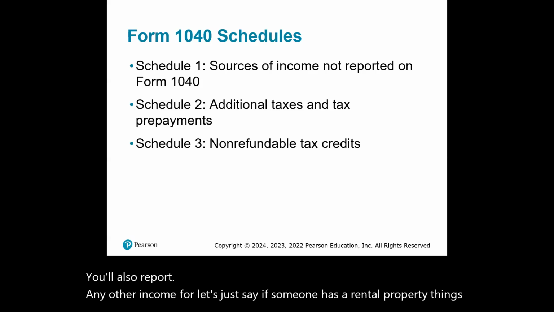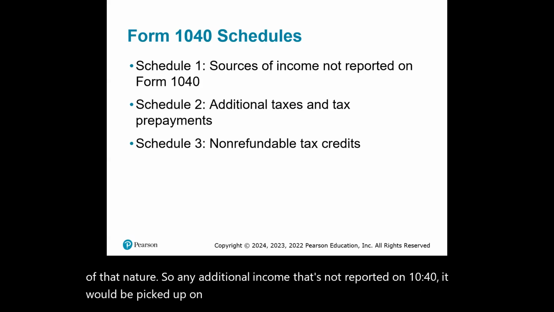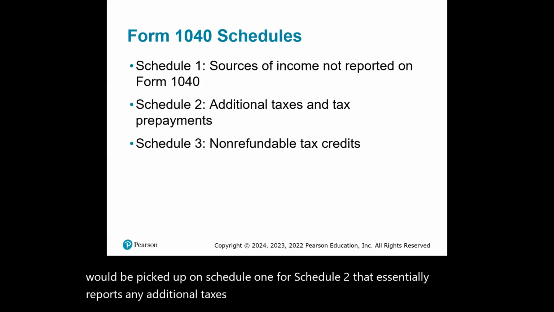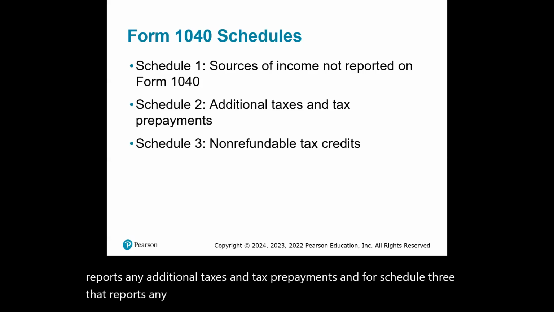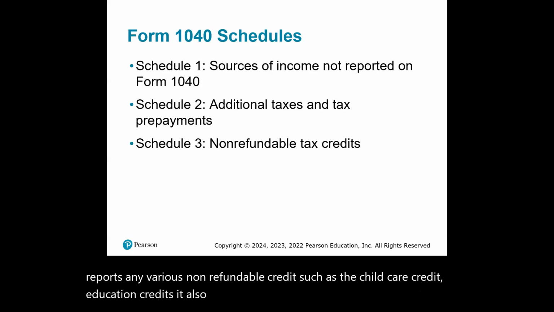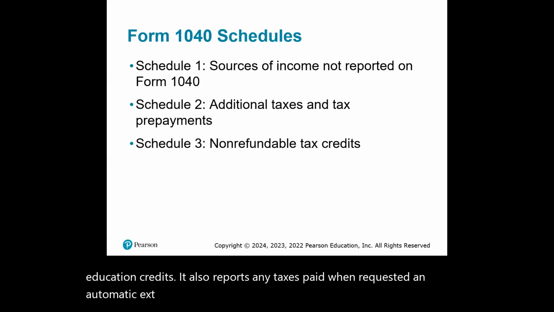So any additional income that's not reported on 1040 would be picked up on Schedule 1. Schedule 2 reports any additional taxes and tax prepayments. And Schedule 3 reports various non-refundable credits, such as the child care credit and education credits. It also reports any taxes paid when requesting an automatic extension of time to file a tax return.